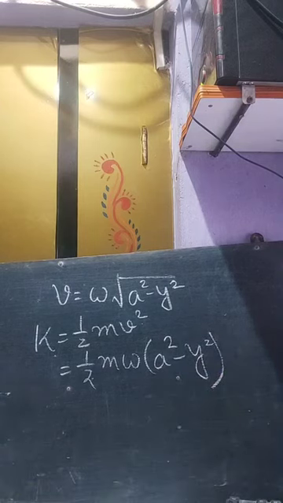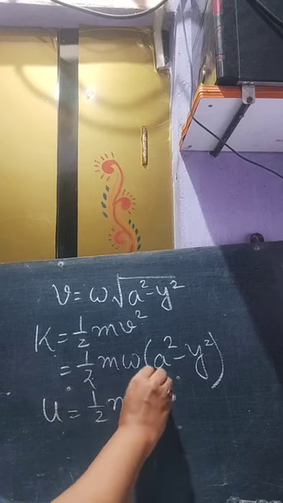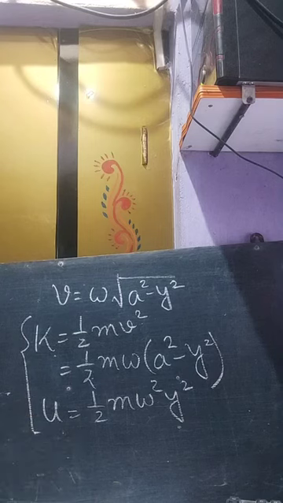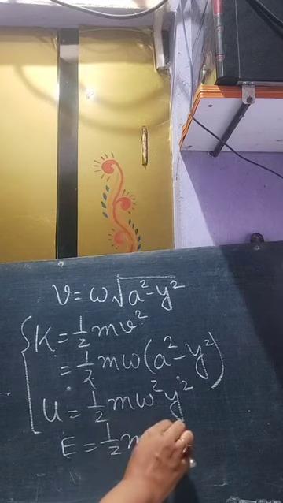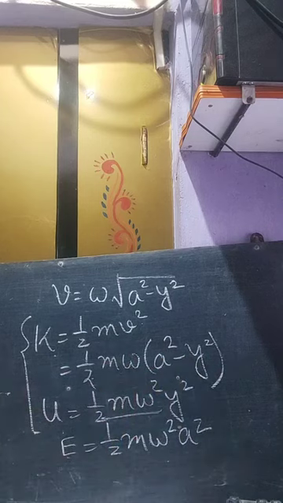Now, potential energy U is defined as half m omega square y square. So, if you add these two, potential and kinetic, the total energy becomes half m omega square A square. These two terms will cancel out with each other. It is evident from the equation that the total energy of the particle is free from the displacement y, that is, it remains the same during the motion of the body.